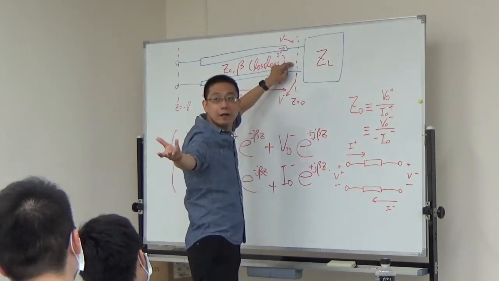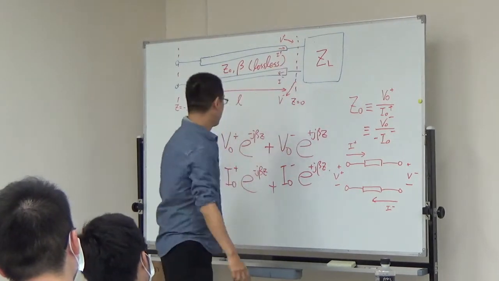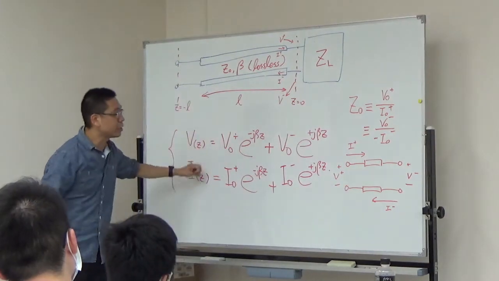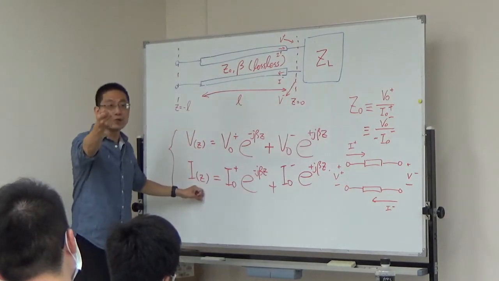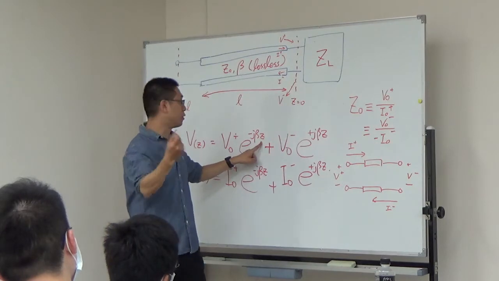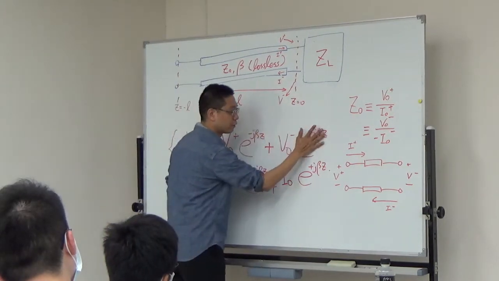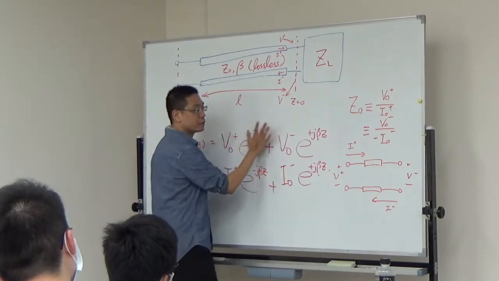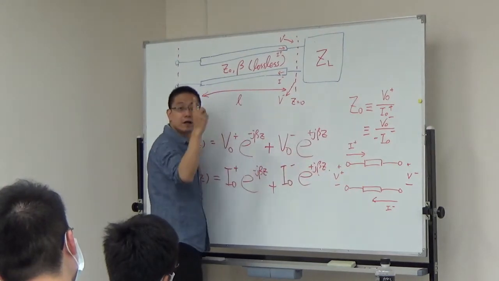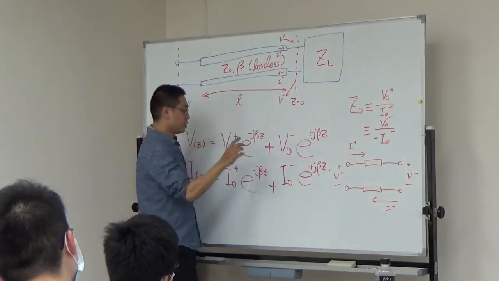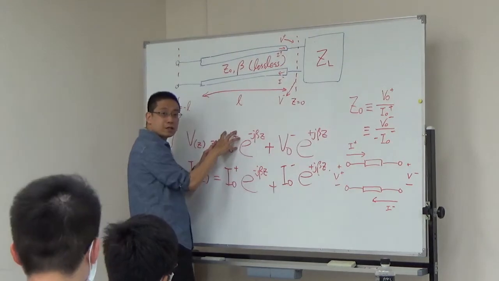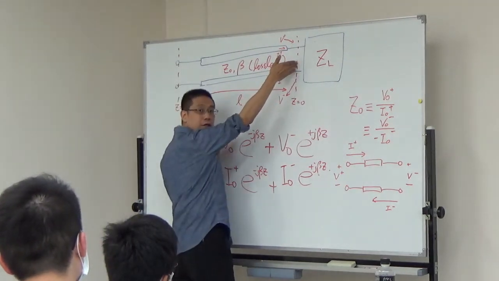How do you know that? Look at these two equations. If you assume Z equals 0, then those four terms are 1, right? So this is the positive voltage here.